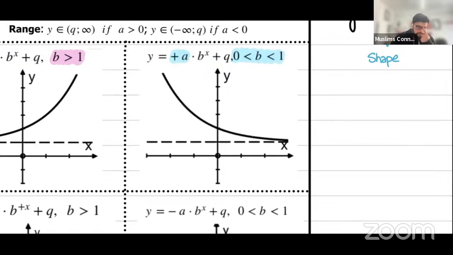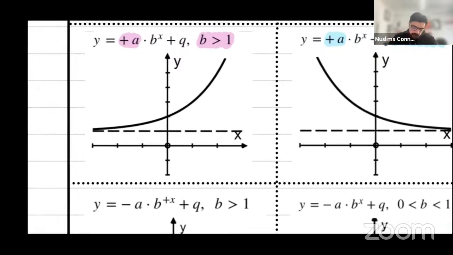I'll give it in terms of examples and hopefully it makes more sense. An example for this equation would be y is equal to, let's just say, 2 times 3 to the power of x plus 1. In this example, I have 2 as a, which is a positive number, positive 2. It could even be positive 1.